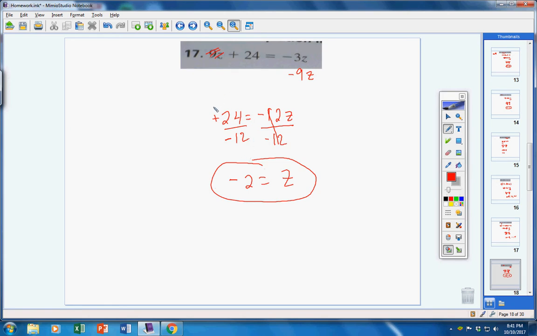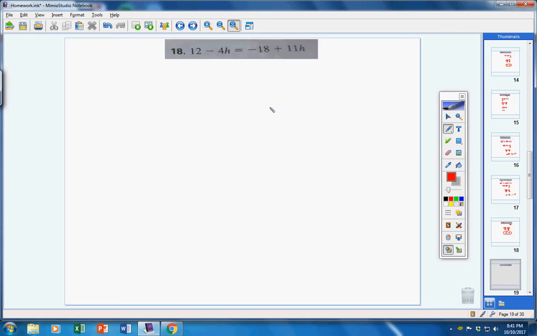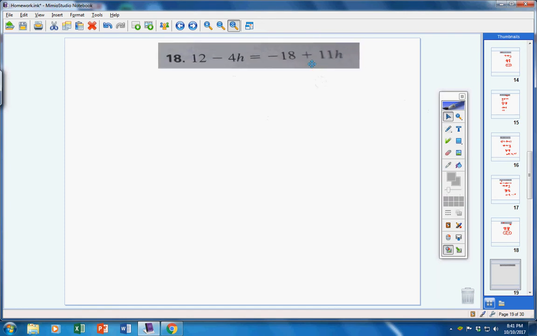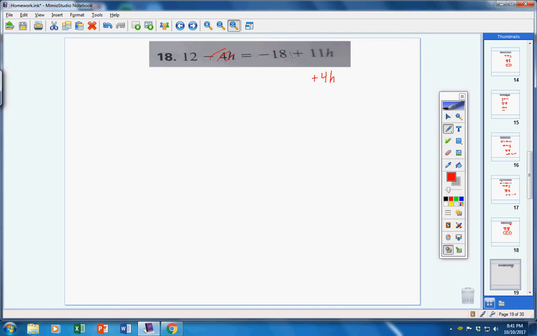Moving on. Step 1, simplify both sides. Next, eliminate fractions. Next, variable terms on one side, constant terms on the other.